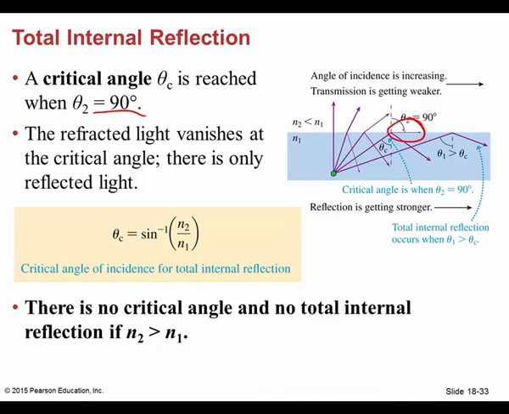So once we get it to the point where the angle will reflect at 90 degrees, then anything greater than that will internally reflect, okay? So notice that it says here that there's no critical angle and no total internal reflection if N2 is greater than N1, okay? So what you want is N2 less than N1, okay?